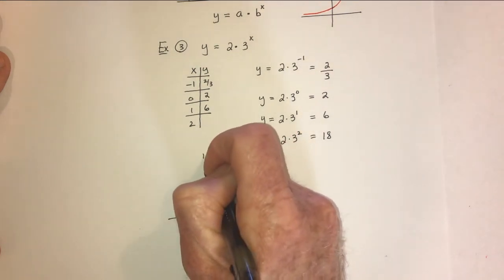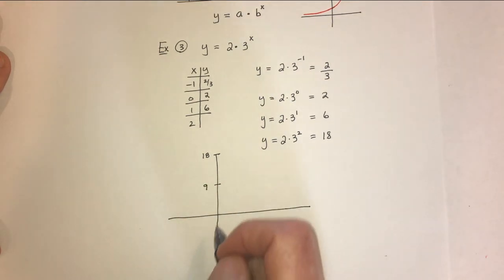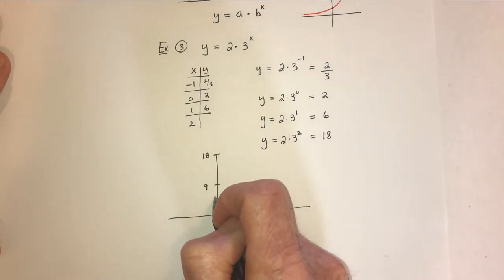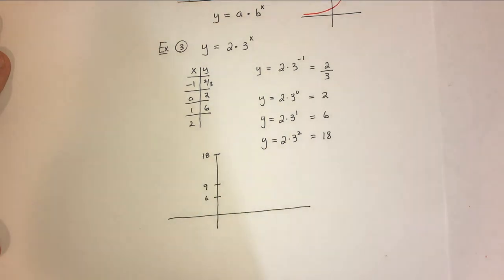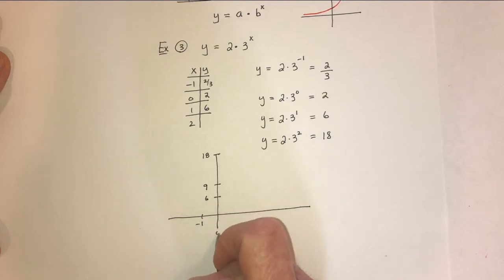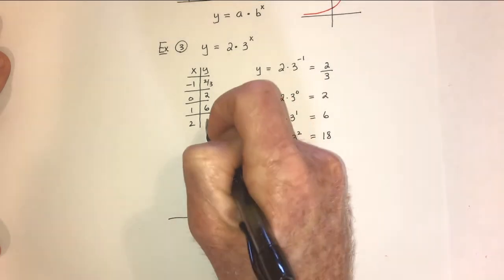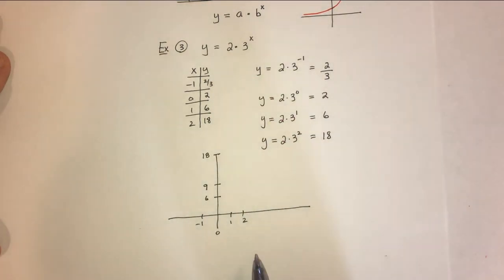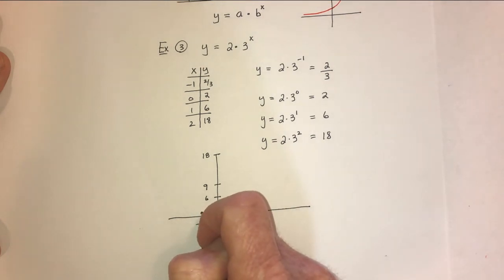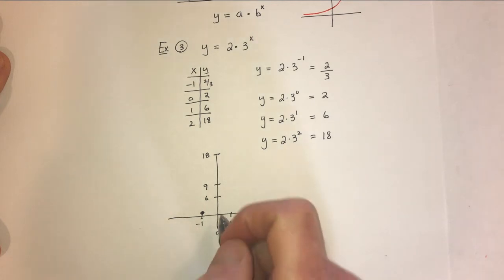So let's say that up here is 18, and I'm not going to put all the tick marks. That means right here is 9, and right about here would be 6. This is when x equals -1, 0, 1, and 2. So the first point when we use -1, that was 2/3, so that's going to be really small. And then when we used 0, that would be 2, which would be approximately right here.